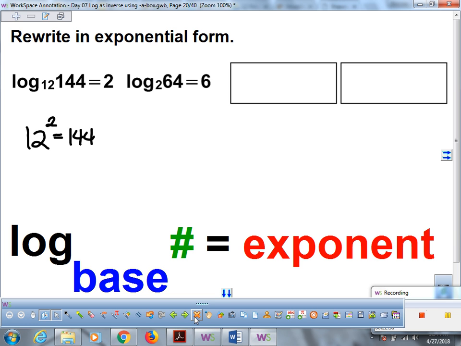Try this one. We're not solving for anything. The answer is already up there, right? We're just putting it in the other form. That's it. You're just changing form. Everybody should be doing it on their desk. The one that's not done.